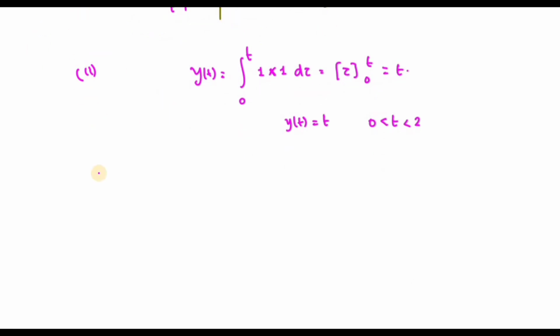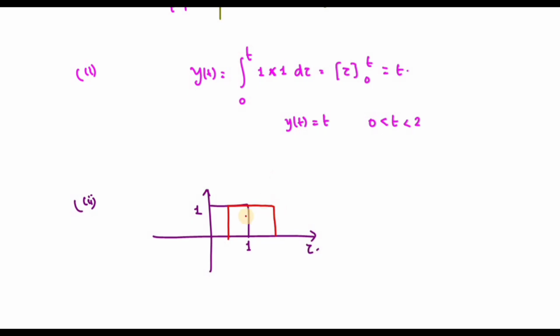And the third case is, this is my x of tau value, and there may be a possibility that h of minus tau plus t will look like this. So there is a possibility of intersection like this.